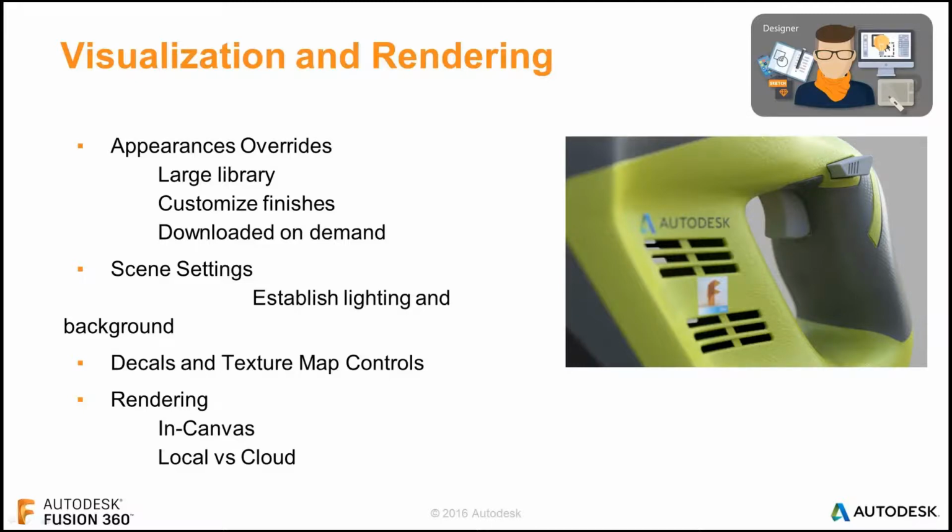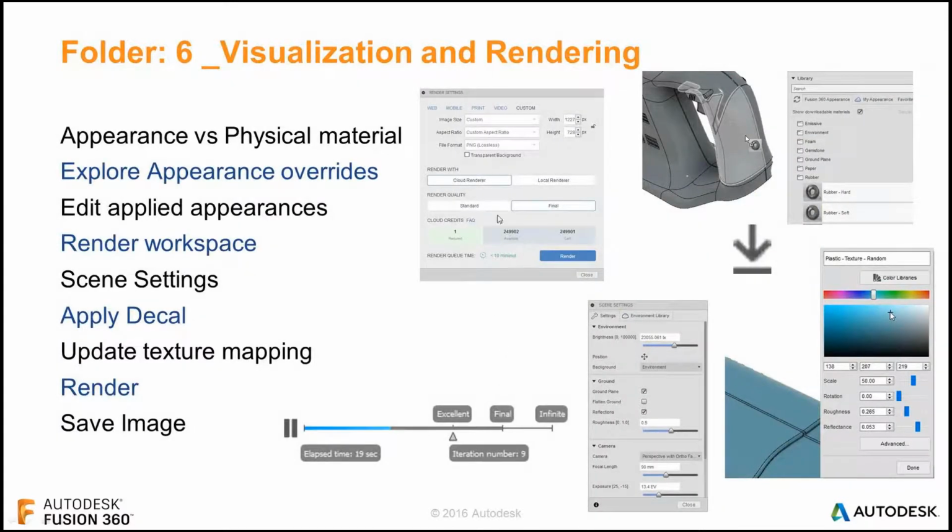So what we're going to do now is a demonstration. We're going to look at a model that's already been done, and we're going to play about with some of the settings and just really show the various capabilities of Fusion. And again, it's one of those that once you know where to go, it's a case of having to play and finding your own best techniques.